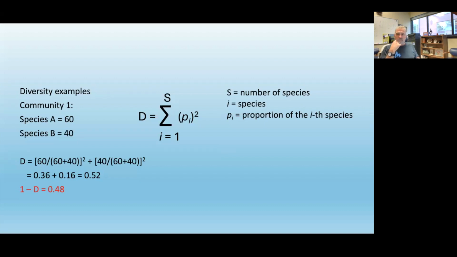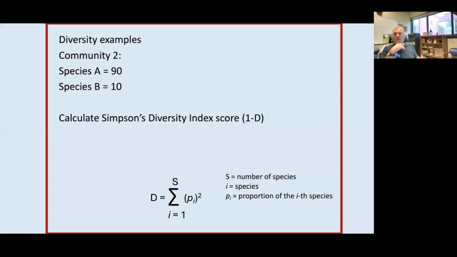Okay, so let's compare this to another community. Your clicker question in class was this one. In the second community, we've got the same species richness, but there's a significant difference in the number of individuals in each of those species. So what do you end up with here?